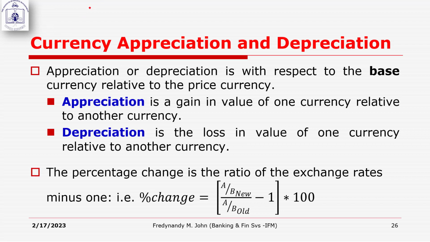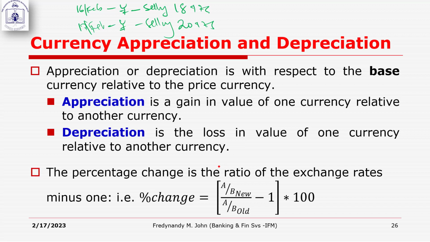For example, let's assume yesterday, 16th of February, the exchange rate of the Japanese yen was selling at 18 Tanzanian shillings. And today, the 17th, the exchange rate of the same currency selling is 20 Tanzanian shillings.